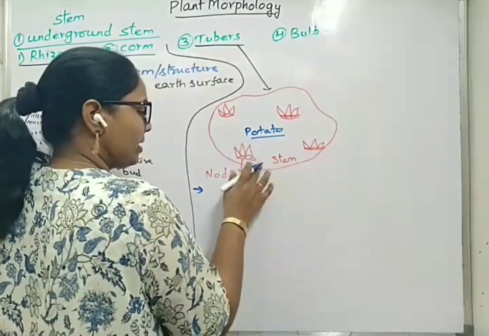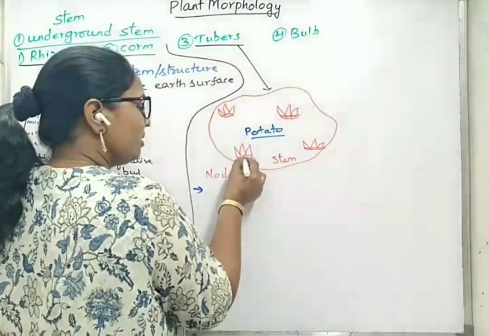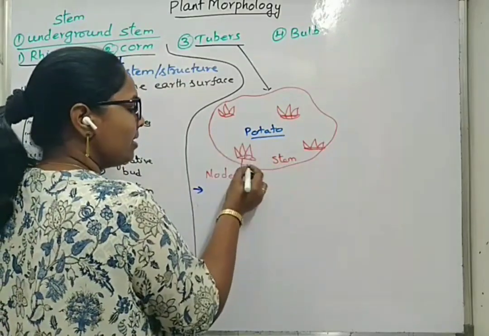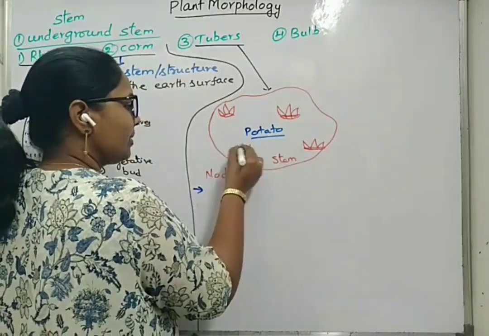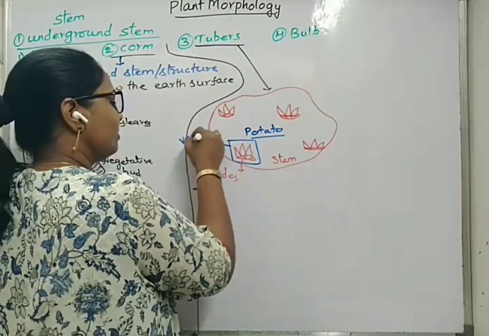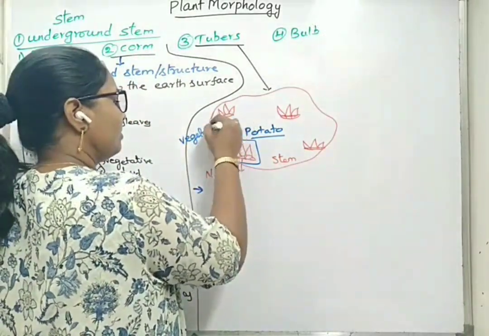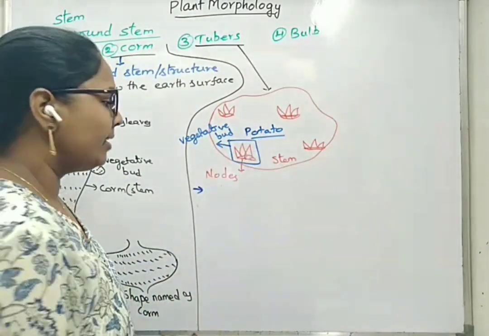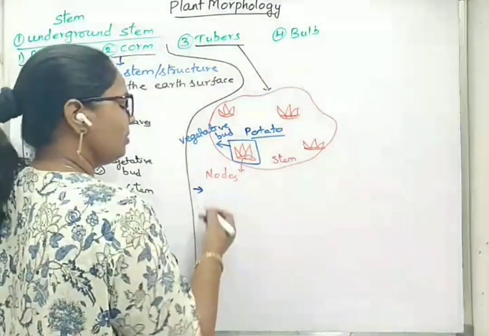Why are we calling it a stem? Now I will tell. There are some eye-like structures where small green vegetative propagations are seen. Those areas are nodes. So we can say this is a vegetative bud. If we cut a little portion of this and plant it, again we can get a new potato plant.